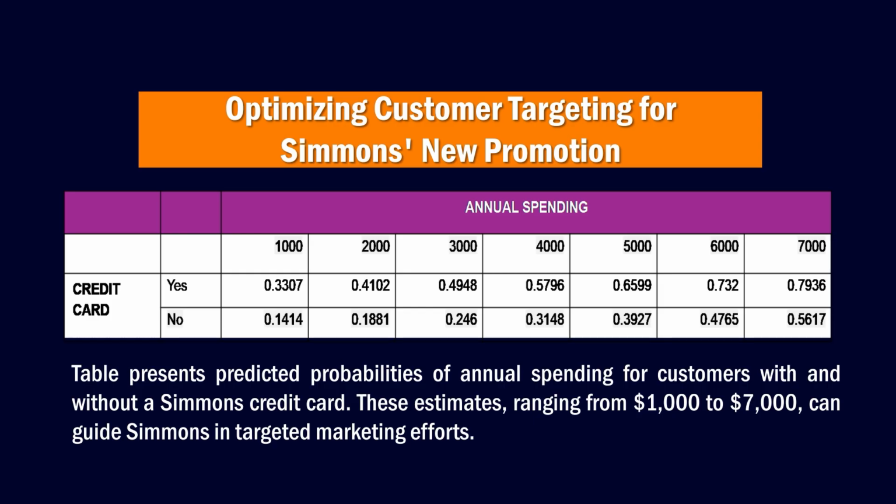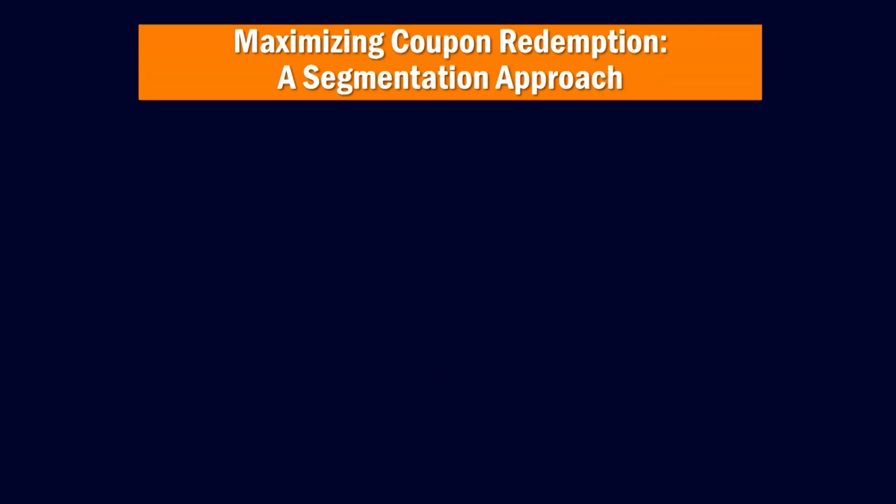So if Siemens wants to utilize this information given in this table, because this table is presenting the predicted probabilities of annual spending of customers with and without a Siemens credit card, and these estimates are ranging from 1,000 to 7,000, it can guide the store in having targeted marketing efforts.